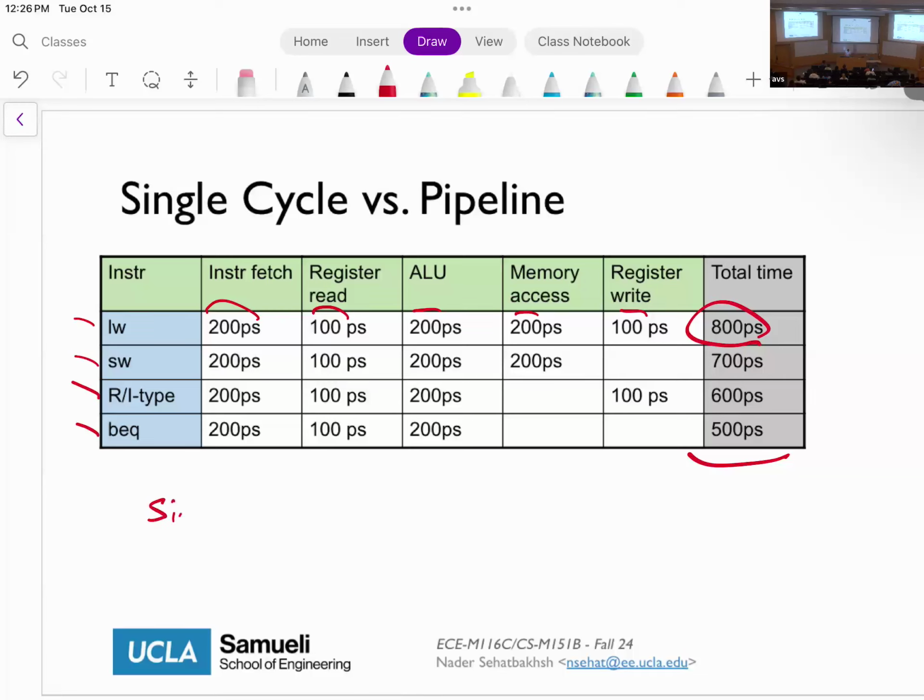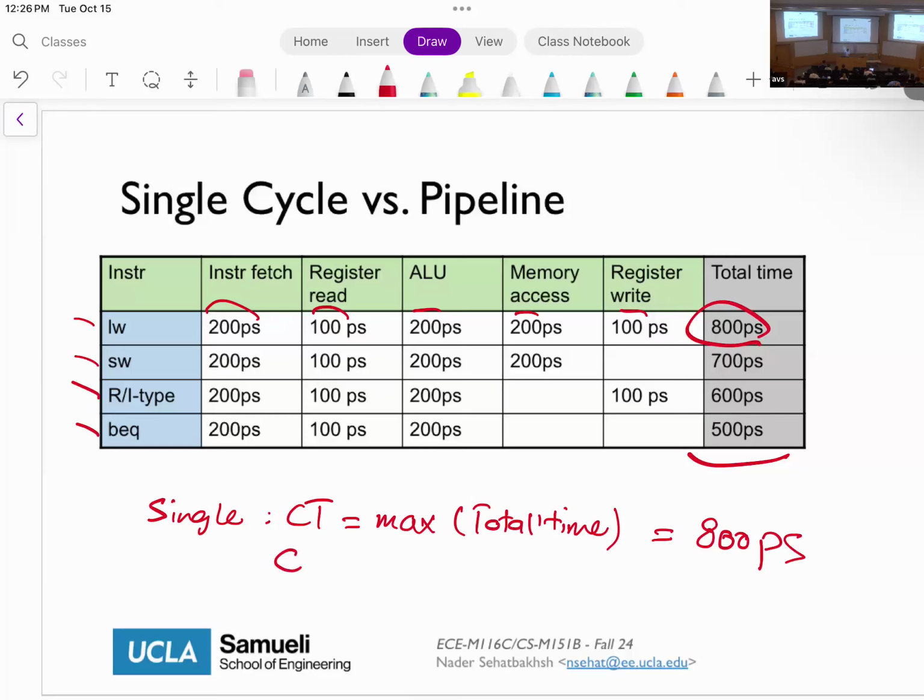For single cycle, the CT would be the max of these, right? So the max of total time, which in this case would be equal to 800, right? We have to wait for the longest.